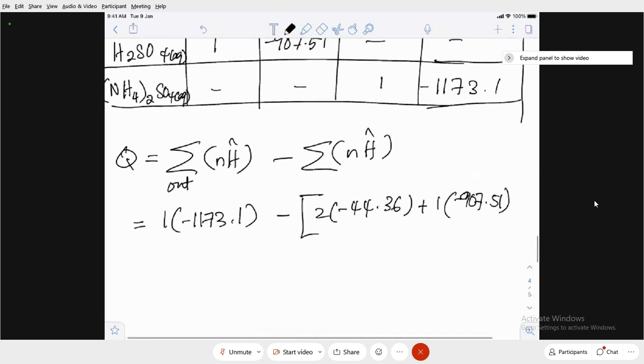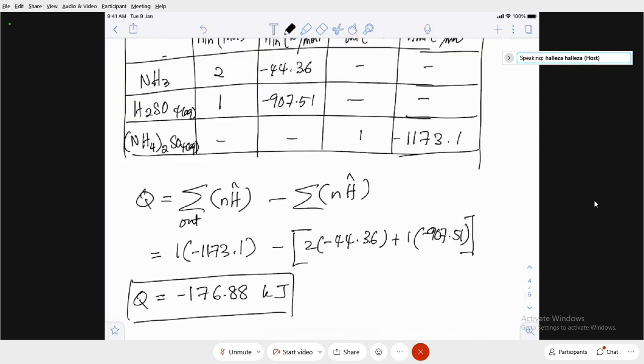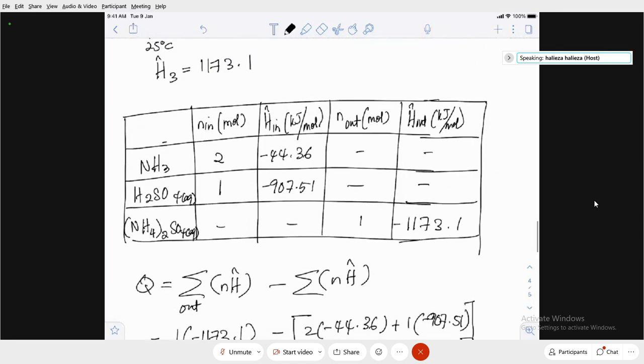Okay, so close the bracket. You will end up with the same value as what we got earlier for the heat of reaction method. Same value, no different. Except that if you use the heat of formation method, you have to start from elements.